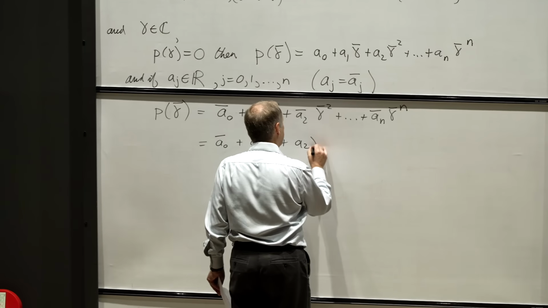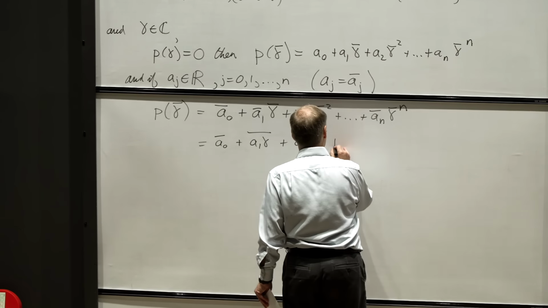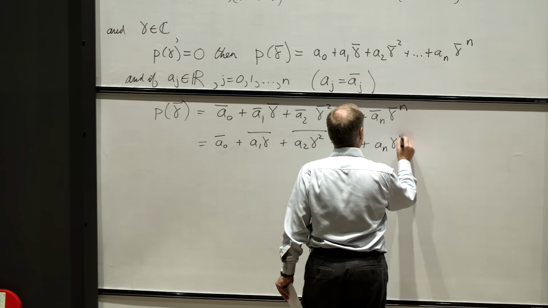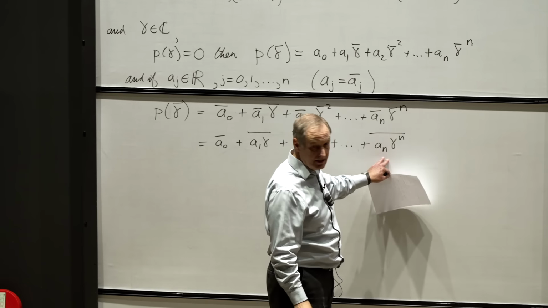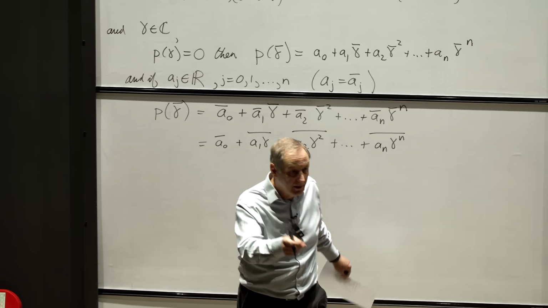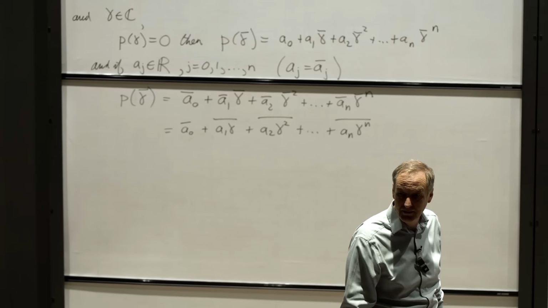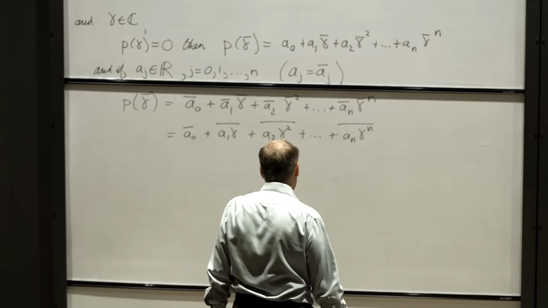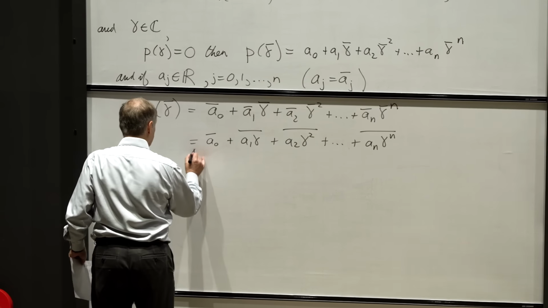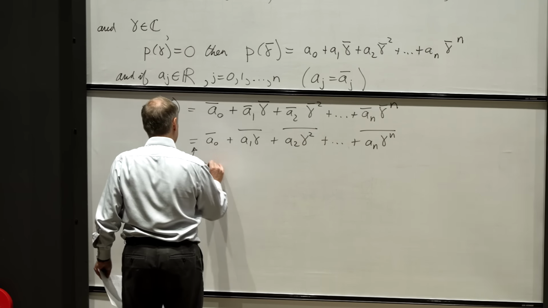So this is A2 gamma squared bar, plus An gamma to the n bar. This is a product of n plus 1 items. And for each of those products, I can apply my rule that the product of conjugates is the conjugate of the product. So this equality here is using the properties above.